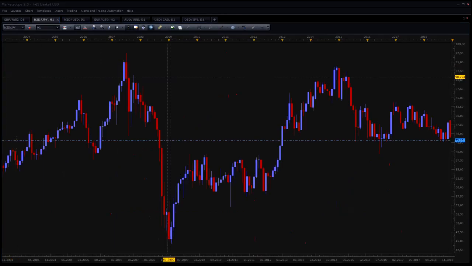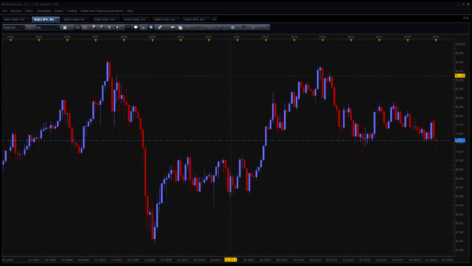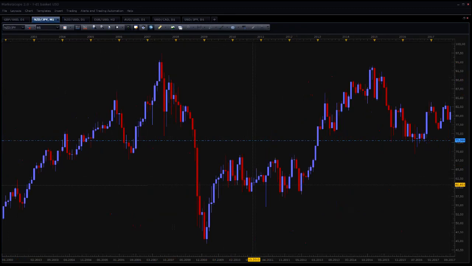Kiwi yen. What do you see? It's pretty interesting because all of them are showing a very similar picture. It was an uptrend. So imagine that the uptrend line was going through here until the market broke through it. Then it was in a downtrend.